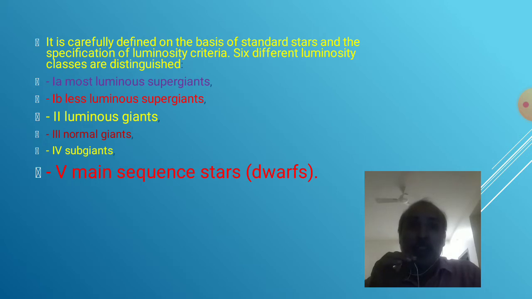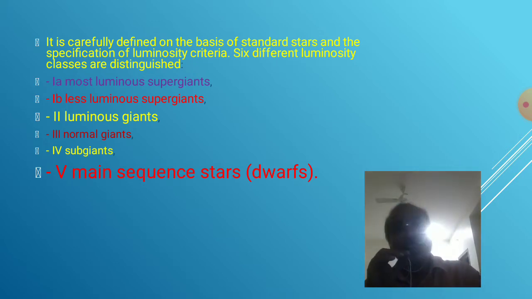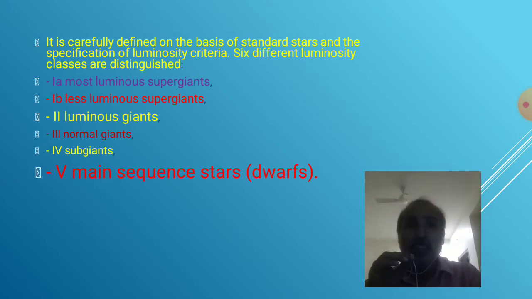Fifth class, main sequence stars and dwarf stars belong. Sixth, subdwarf stars belong. And seventh class or seventh group, white dwarf stars belong. So these are the classifications made by Yerkes according to the star's luminosity and mass of the stars.